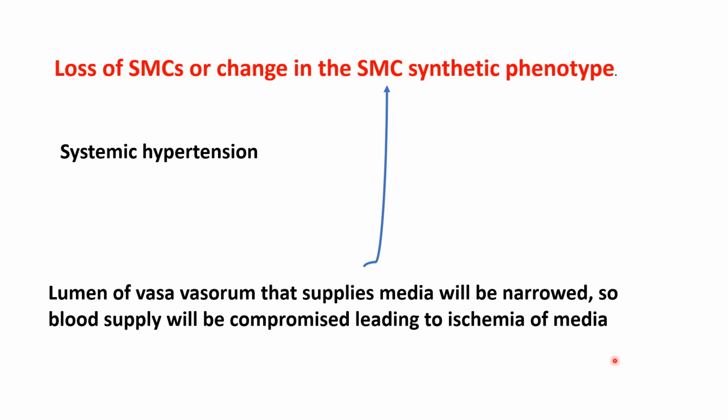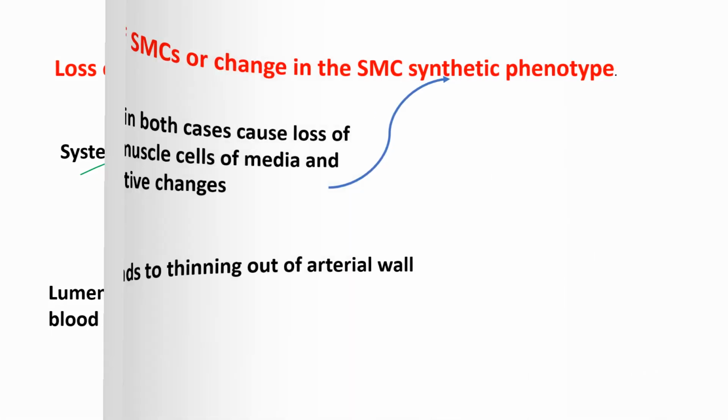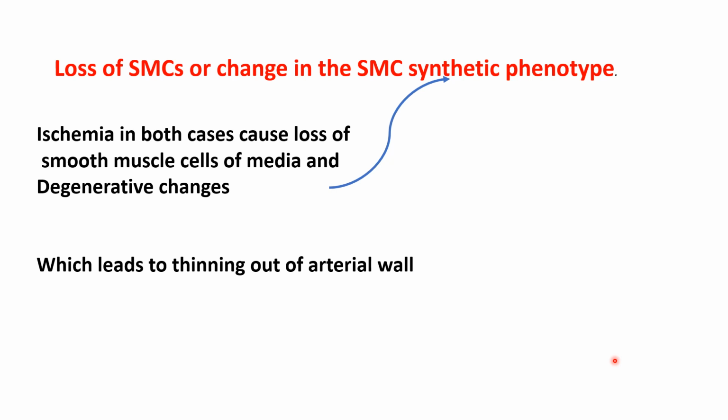The second cause is systemic hypertension. In systemic hypertension, the vasa vasorum that supplies the media of the artery will be narrowed, and this compromises the blood supply to the media, leading to ischemia and loss of smooth muscle cells. So in both cases, that is atherosclerosis and systemic hypertension, there is ischemia.